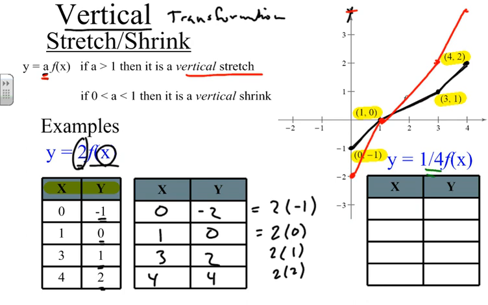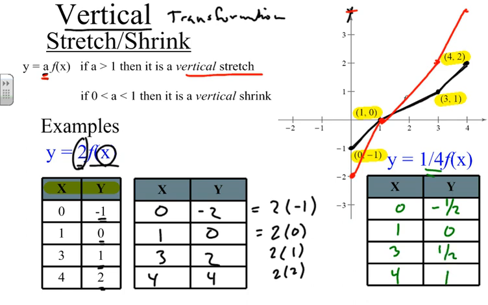If we have a multiplier outside of our function, we do the same process, except now, as I plug in my x values, I notice that all my y values would be multiplied by 1/4. So this would be -1/2. This would be 0 again. This would be 1/2, and this would be 1.